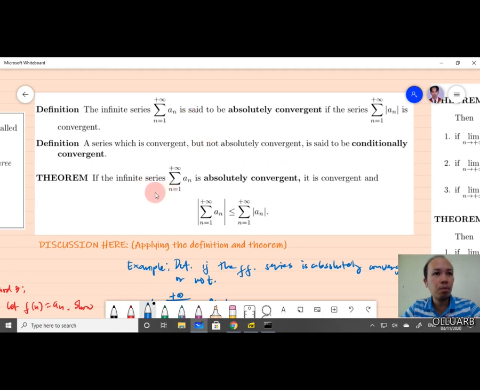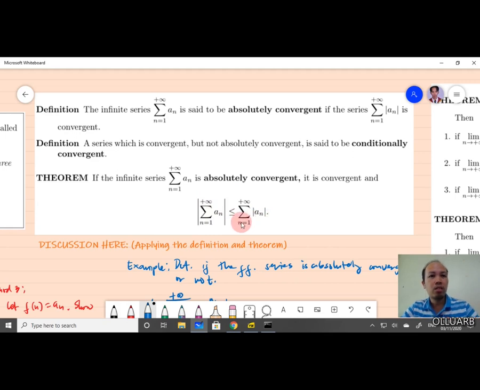So for this theorem, it says that if the original series is absolutely convergent, meaning to say that if you take the absolute value, the series is convergent, then the original series is convergent, and it satisfies this inequality here.